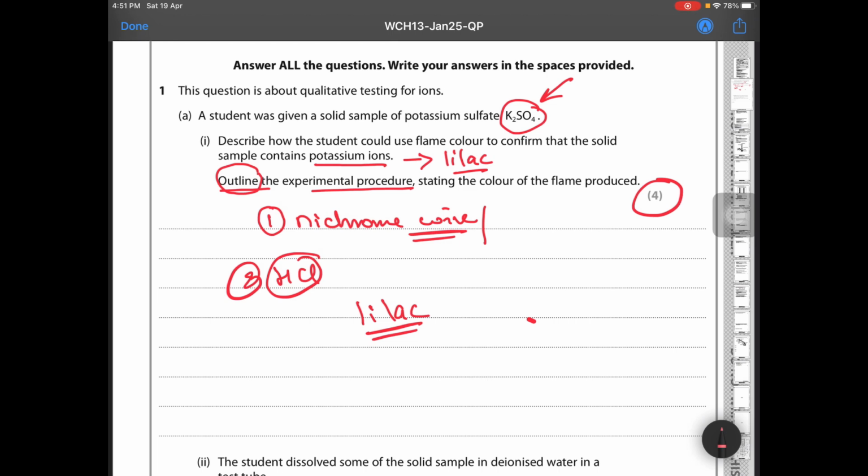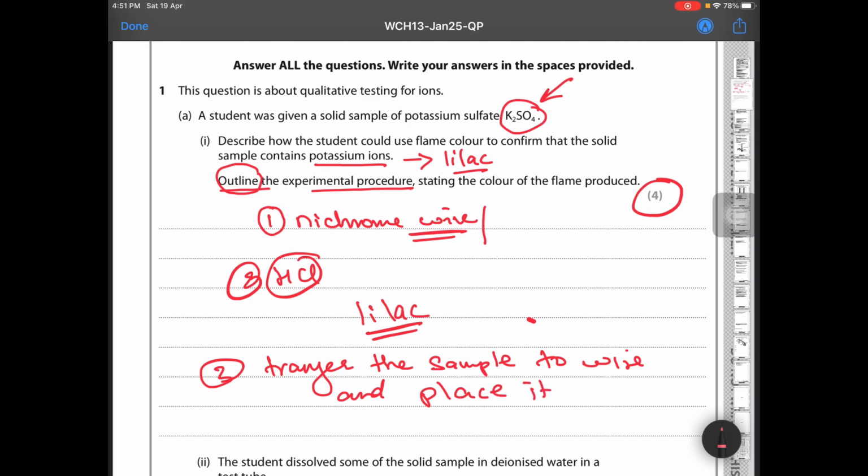The third mark is for doing the flame test, where you write down that you transfer the sample onto the wire and place it in the flame. And the fourth mark is for the lilac. So an easy 4-mark question. Clear? Let's go on to the next question.